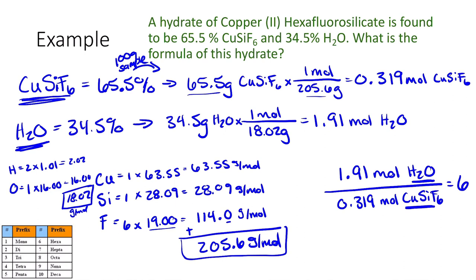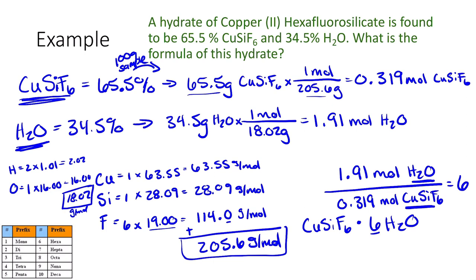We're not done with the answer yet, though, because I want you to know how to name these as well and write the formal formulas. And so we're going to write the formula first. So I have CuSiF6 dot 6 moles of H2O, or molecules of water, whatever scale you want to think of this on.